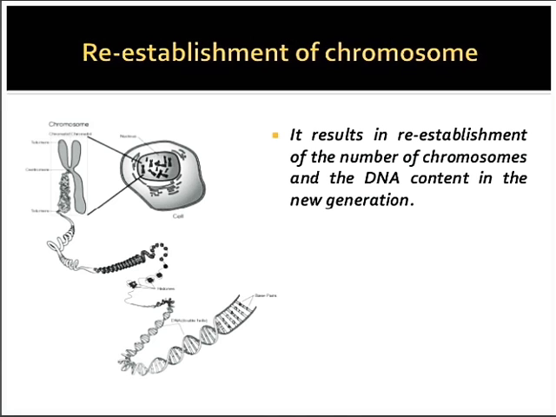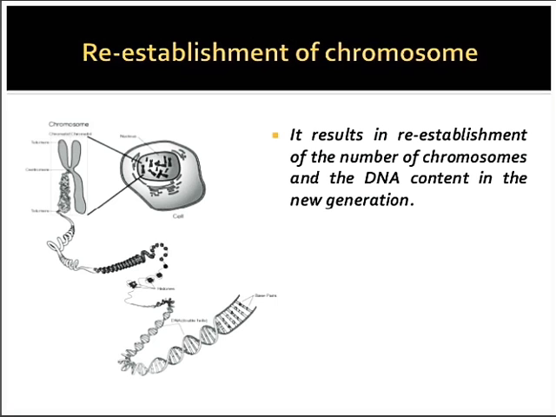Whenever there is a transfer of chromosomes from parents to the offspring, at that time chromosomes open, and now DNA expresses itself, and when the DNA comes in the daughter cell nucleus, or you can say the daughter animal's nucleus, it again regains its shape of chromosomes.